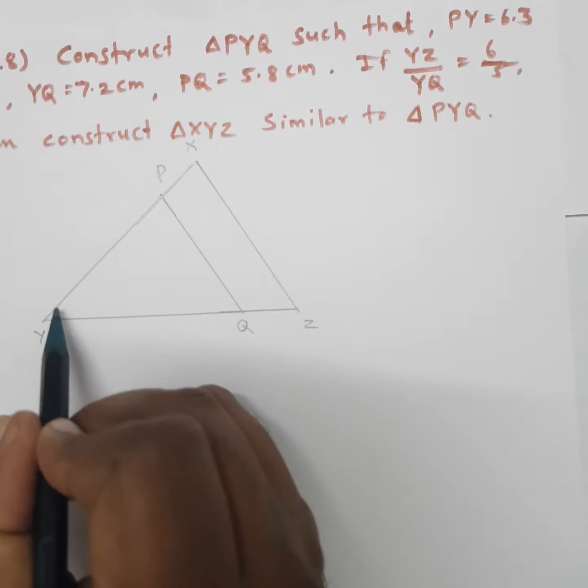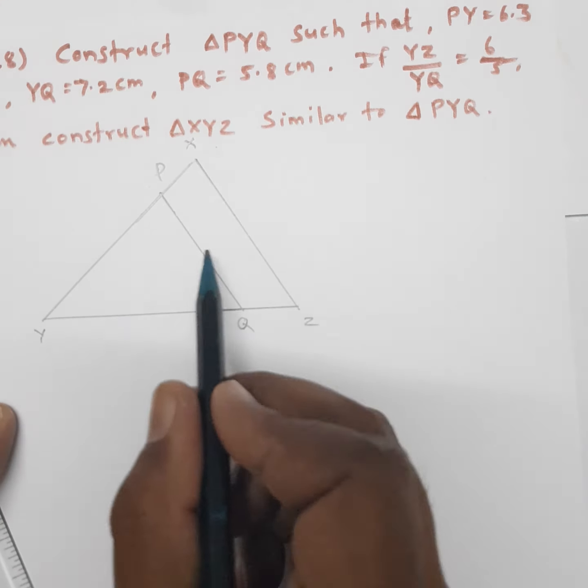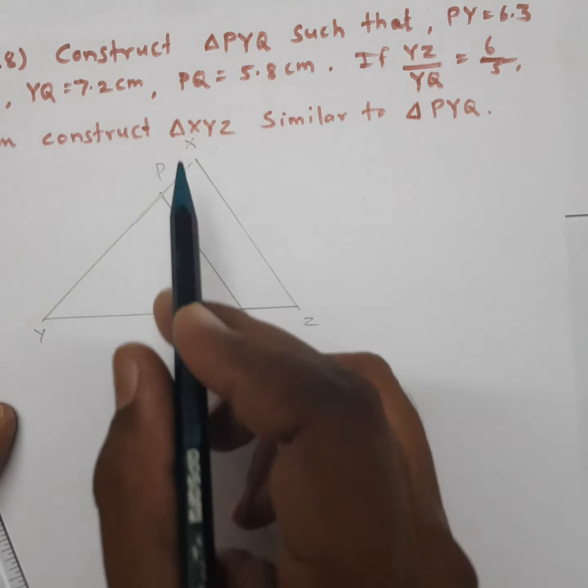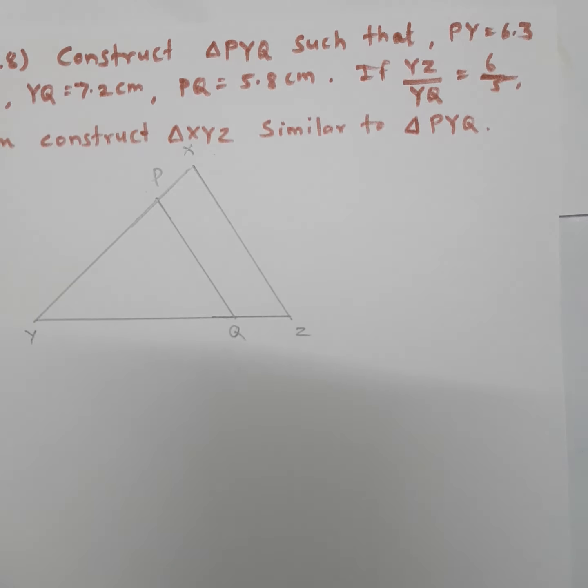Three sides of triangle PYQ are given and we have to draw both triangle PYQ and triangle XYZ, that is similar triangles to each other. Now it is rough figure.